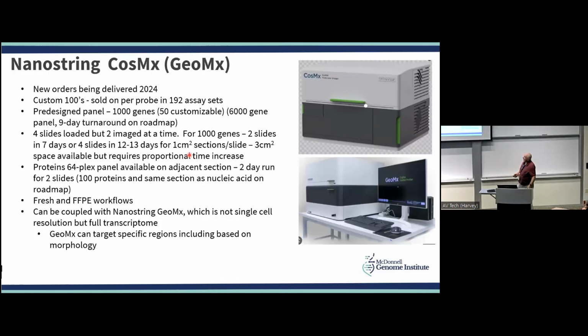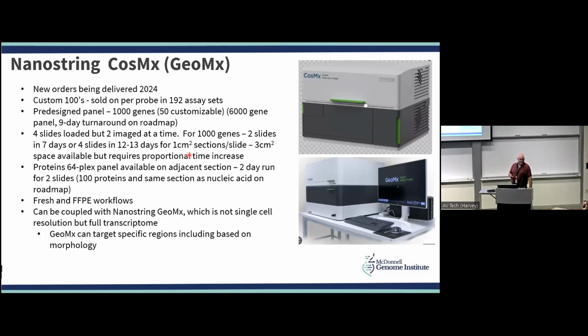NanoString, the Cosmics, and the Geomax or Geomics was the prior iteration. So one issue with this, the new orders being delivered are from 2024. So if you ordered a fleet, you had the possibility of getting one early, but the availability of this platform was challenging when we were evaluating. Customs, this is not made for custom for the most part. Customs were a few $100s per, and you got 192 reactions.